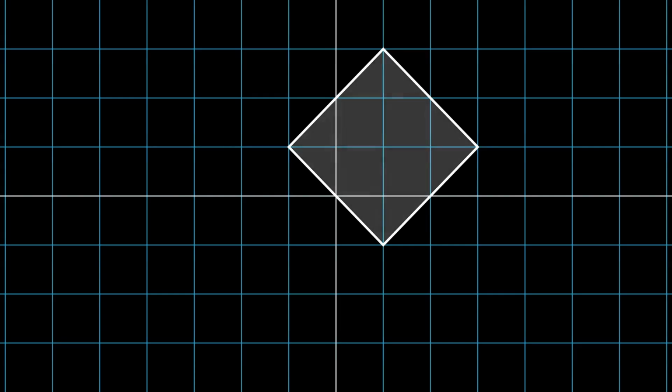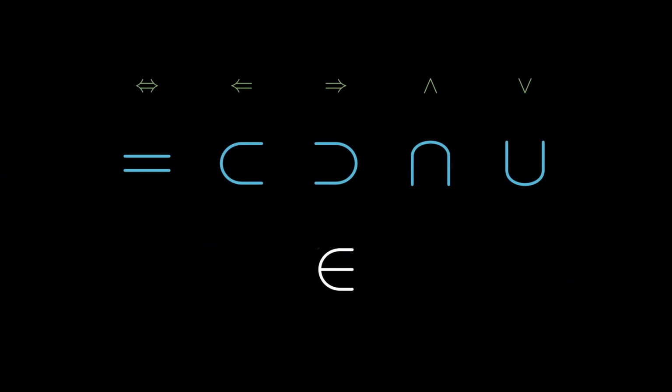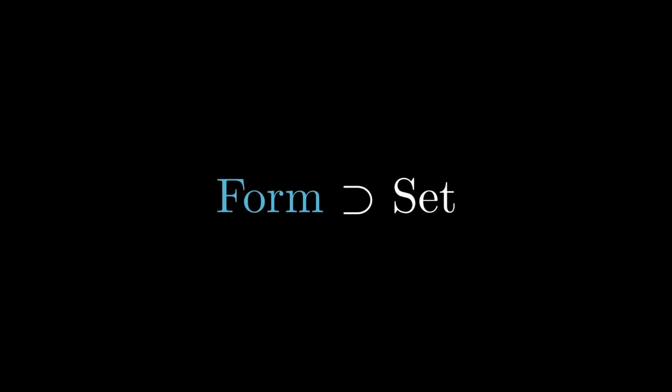So you'd say, oh, the points along the outline are elements of the polygon. Or you could fill in the polygon. All the points inside of the polygon are your elements of the polygon. What I'm saying is that there's not always the well-defined includes operation on the structure you want to work with. So you can think of a form as generalizing the set.